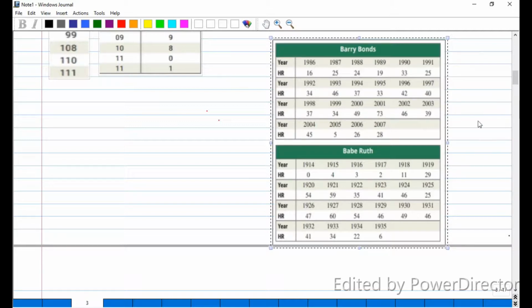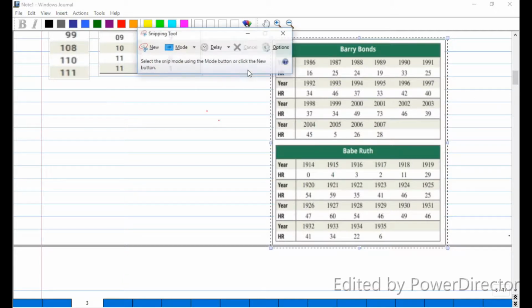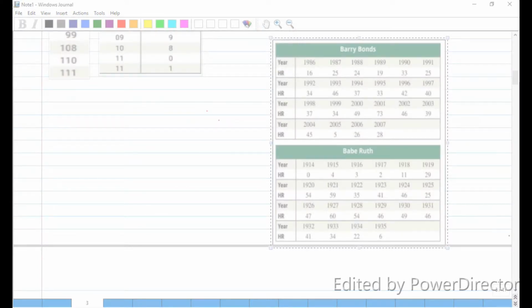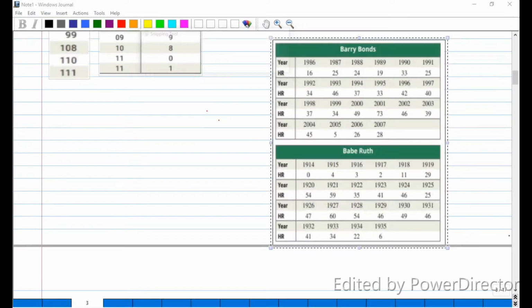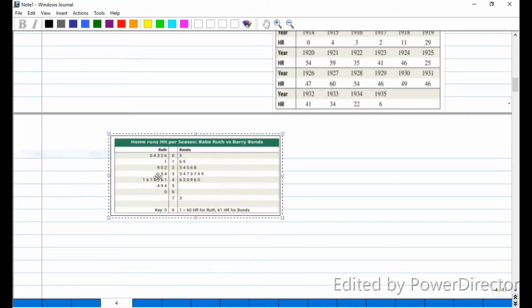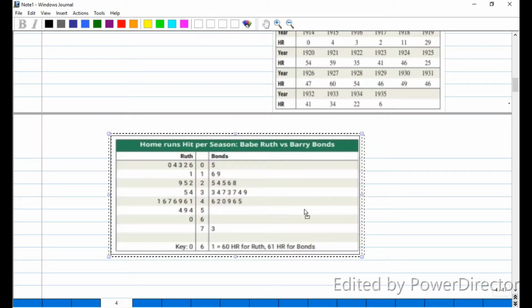And the stem and leaf plot could take all of that data, all the different hits, and put it in one table like this.